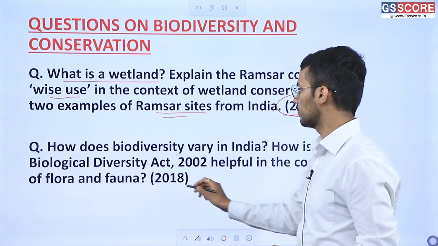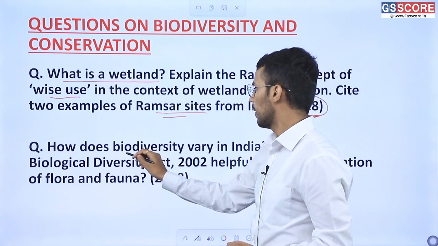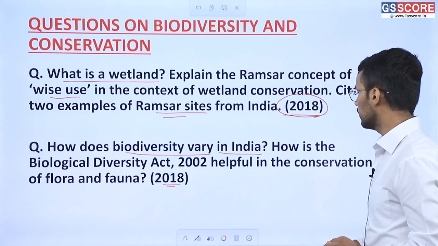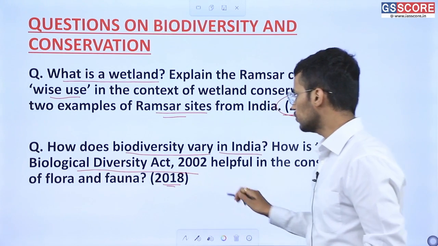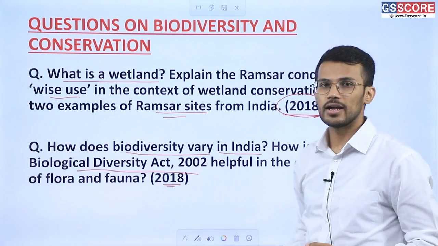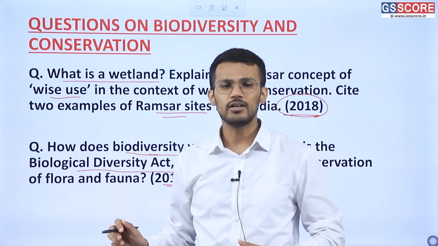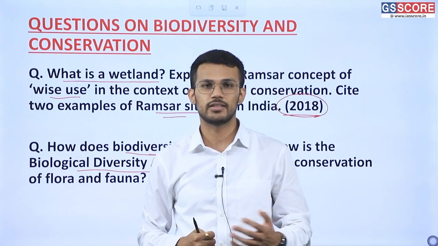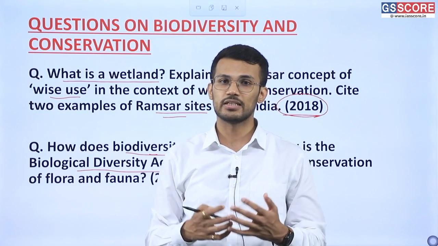The second question is from 2018 again. How does biodiversity vary in India? How is the Biological Diversity Act 2002 helpful in the conservation of flora and fauna? Right? So how does biodiversity vary in India? We can take the help of different types of biomes that are there in India. What are the different types of plants and animal species in those biomes?